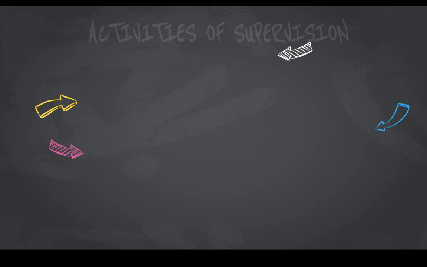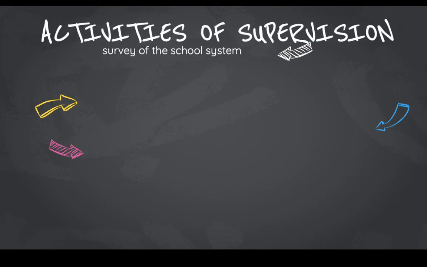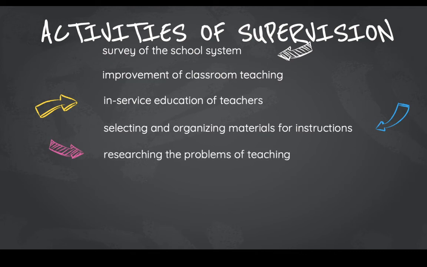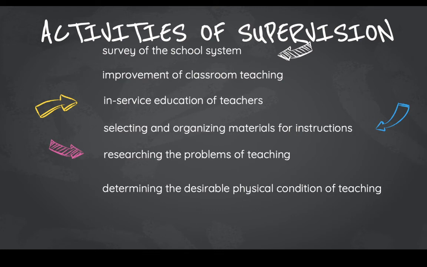Activities of supervision include survey of the school system, improvement of classroom teaching, in-service education of teachers, selecting and organizing materials for instruction, researching the problems of teaching, determining the desirable physical condition of teaching, performing semi-administrative duties.